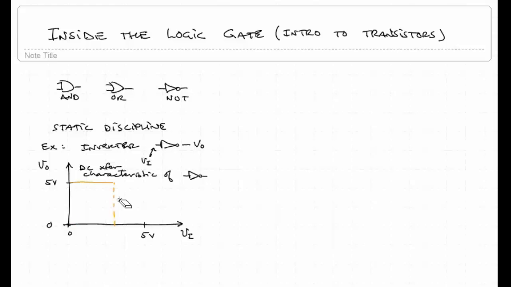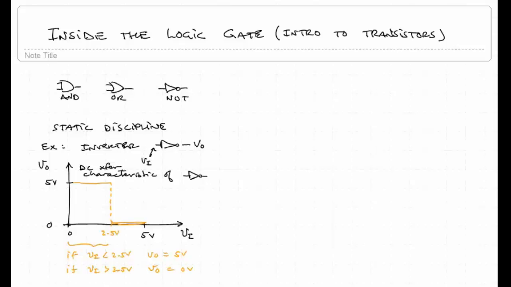Let's say this is 2.5 volts. This would be the ideal DC characteristic of an inverter. In other words, if VI is less than 2.5 volts, then we'd have VO equal to 5 volts. And if VI is greater than 2.5 volts, then VO is low.